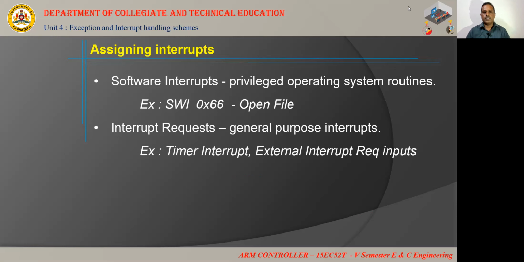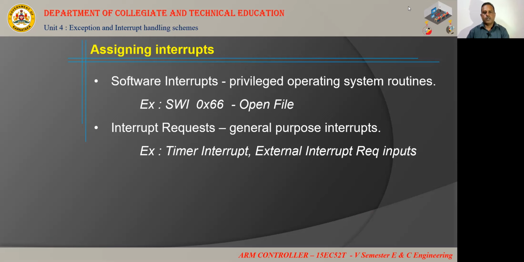All the peripherals attached to the ARM core will be raising these interrupts. So these interrupts, since they are large in number and since they need not be attended at priority, can usually be connected to the IRQ interrupt request.